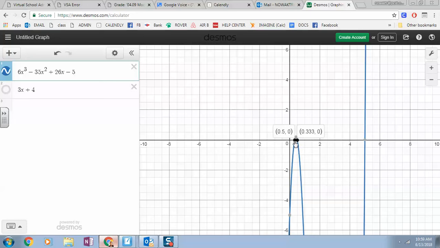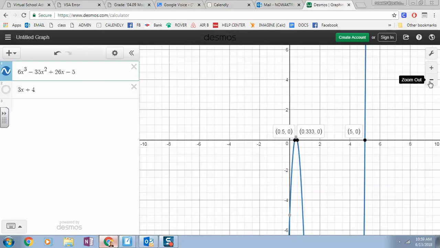When you click it or hover over it, it brings up the points. So one of my zeros is 0.5, one's 0.33, the third zero is over here. So I just click it and I have all 3 zeros. So if it said find the zeros, all you have to do is type it in Desmos and it gives you the answer. And that's not cheating because on your EOC, if you take this class, the calculator is modeled after this type of calculator.